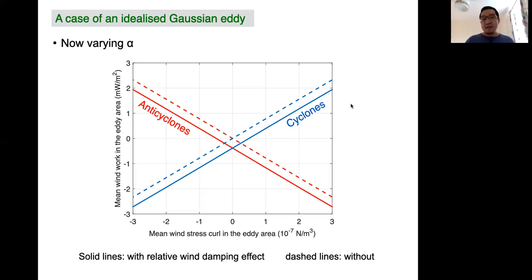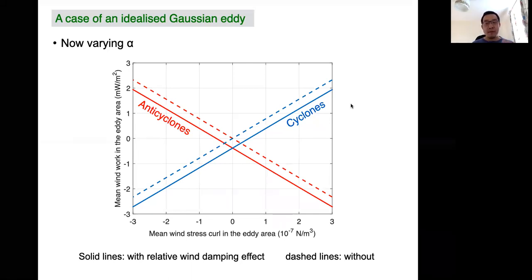So when we use tau·u to calculate wind work, tau·ug, that's one way to understand wind energy input to the eddy or to the ocean. I think there's also a paper on how you can calculate this using PW.